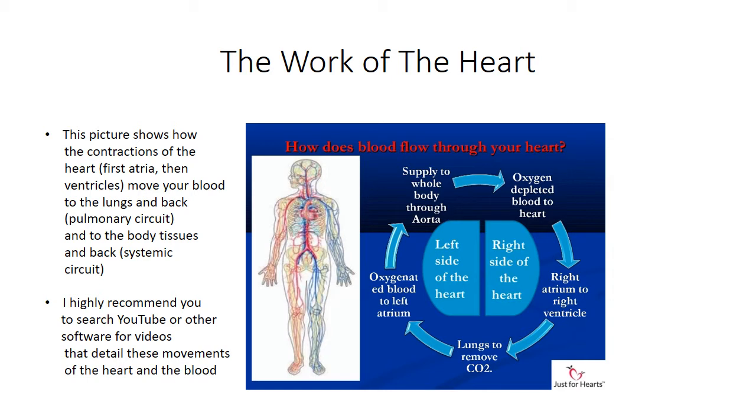In the contraction of the heart, remember, there's always a sequence. Atria contract first, then they relax, then ventricles contract. When ventricles contract, atria are relaxed. When atria contract, ventricles are relaxed. Right. So let's just concentrate our eye on the left side of the heart.